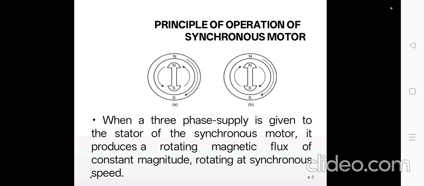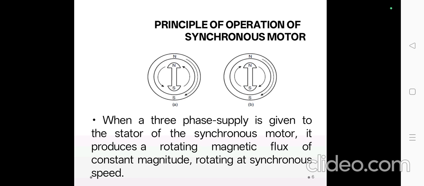So the stator of the synchronous motor produces one magnet which is rotating in space with a synchronous speed. The synchronous speed of the stator rotating magnetic field depends on the supply frequency and the number of poles for which the stator winding is wound.